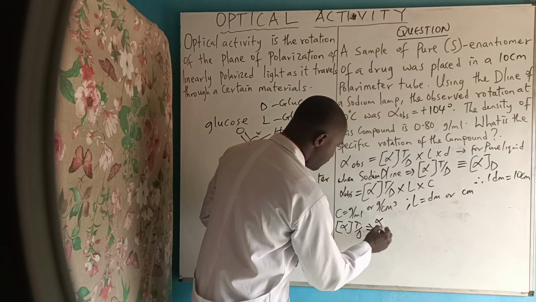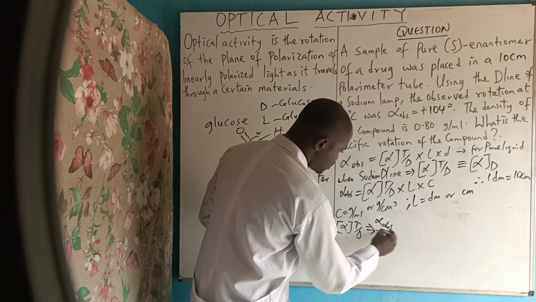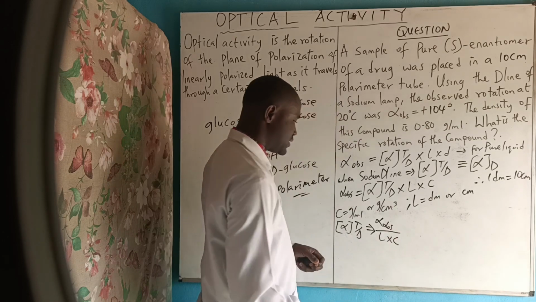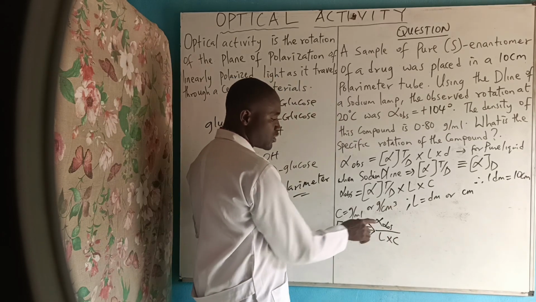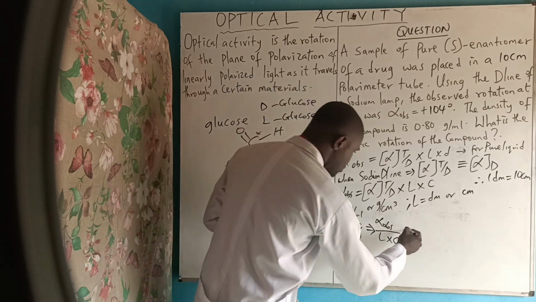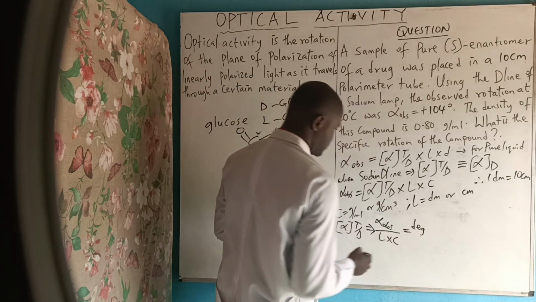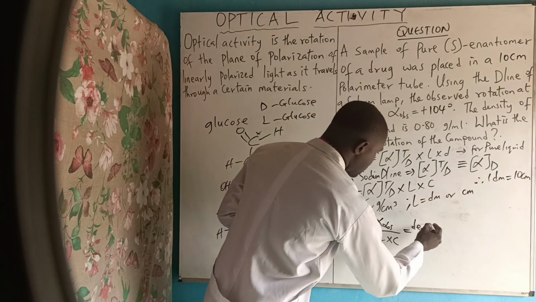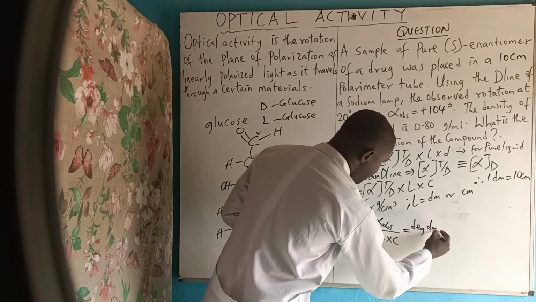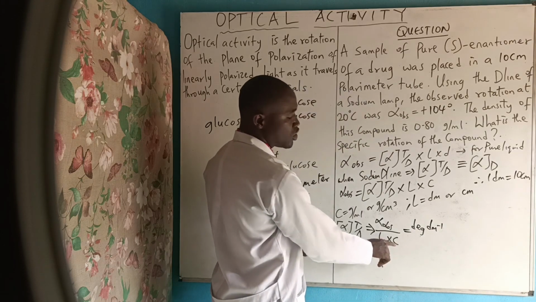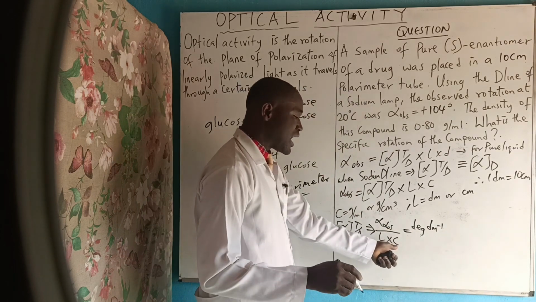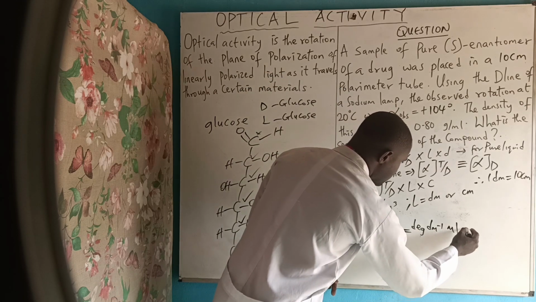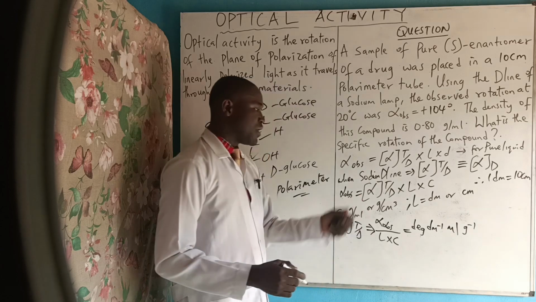And so the unit of the specific rotation comes from observed rotation all over length times concentration or length times density. This observed rotation is measured in degrees, so the unit will be degrees. This length, if it is in dm, you bring it up as per dm. This concentration, gram per mil, means that the mil will come up, then the gram will have an inverse.